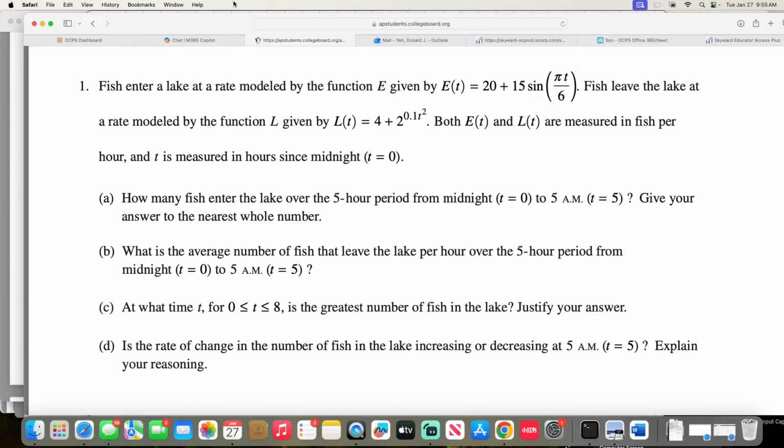Now, you've got to understand, if you get an answer that's not realistic, they try to make the answer as realistic as it can be. So let's say for the second period, somebody told me 8 fish. It kind of doesn't make sense. You have a lake for 5 hours, only 8 fish entering the lake.